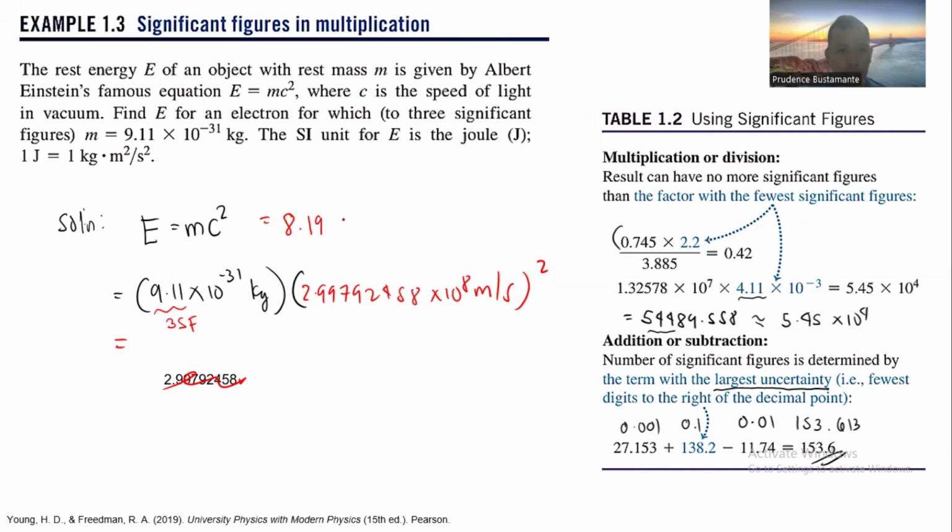So what's the unit? Joules, kilograms, meters squared per second squared. I mean, sorry, times 10 to the negative 14 kilograms meters squared per second squared, or 8.19 times 10 to the negative 14 joules.